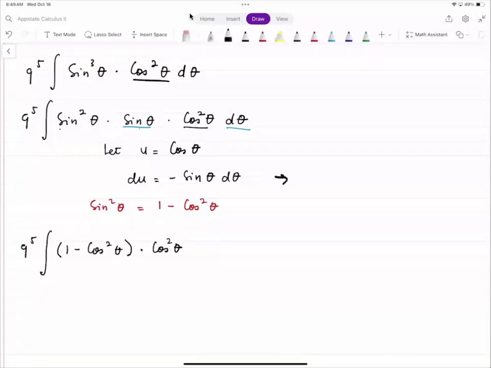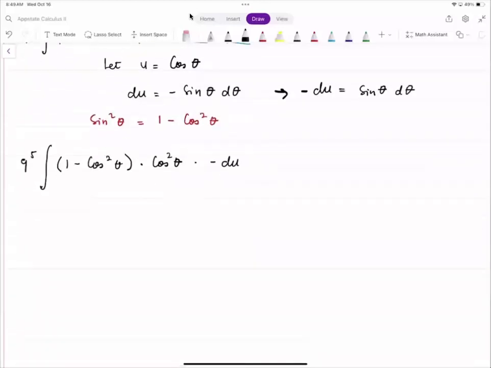So this implies that negative du equals sine theta d theta. That is what we are going to replace now. And this gives you minus du.